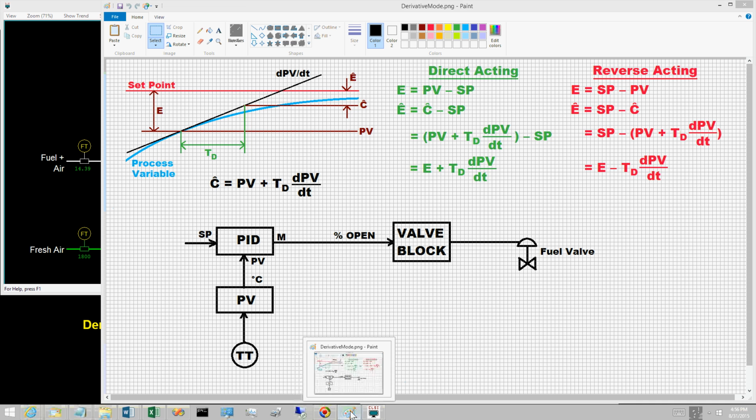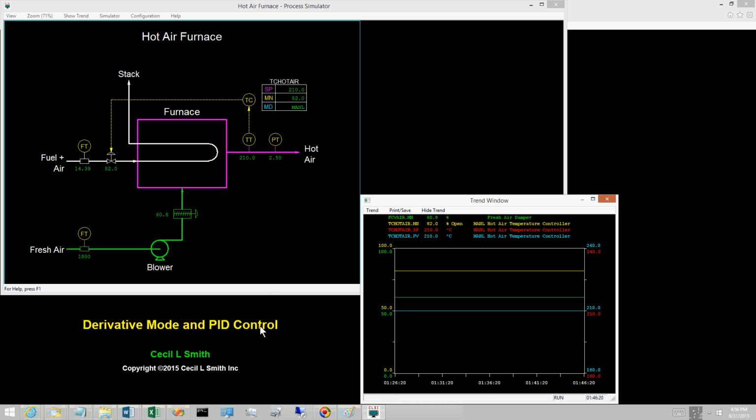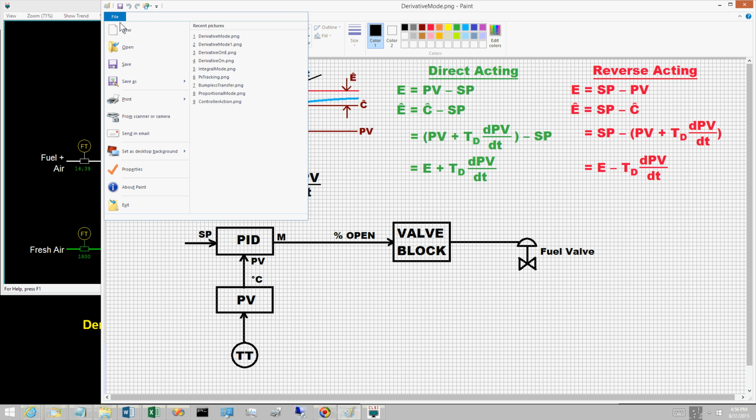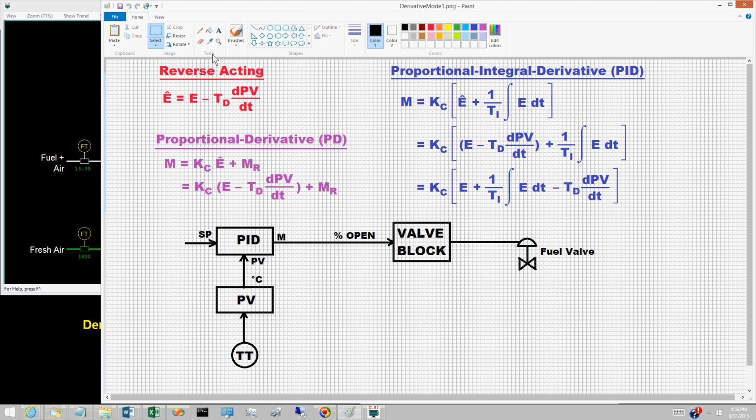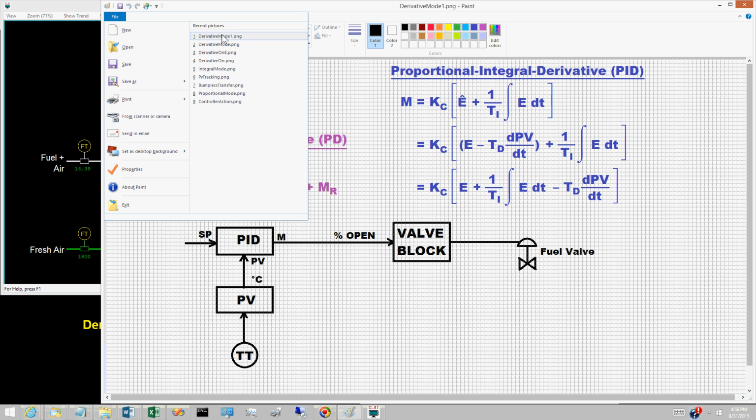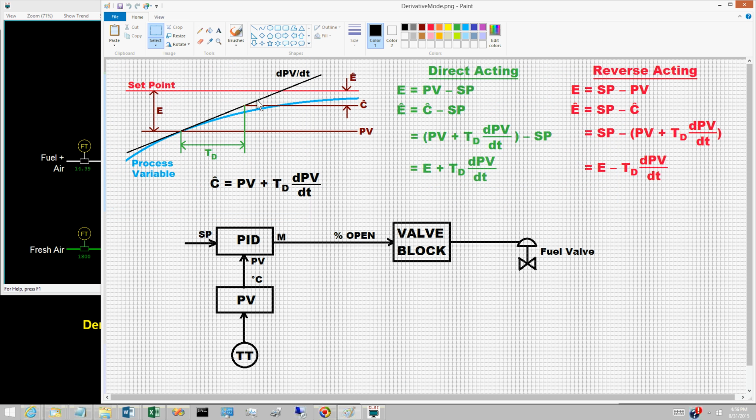Let's express the projected control error E hat in terms of E and PV. For a reverse acting controller, E hat is set point minus C hat.